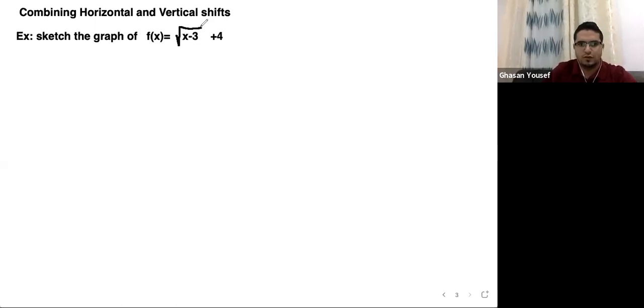Square root of x minus 3 plus 4. So my question is how we can graph this function.